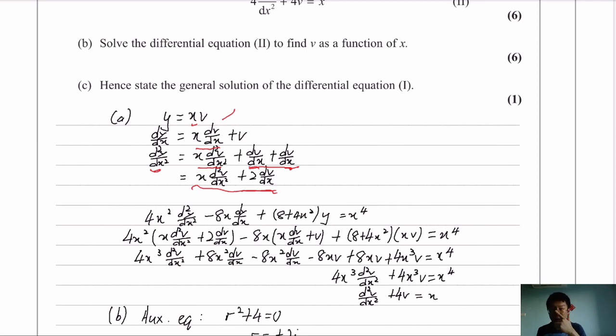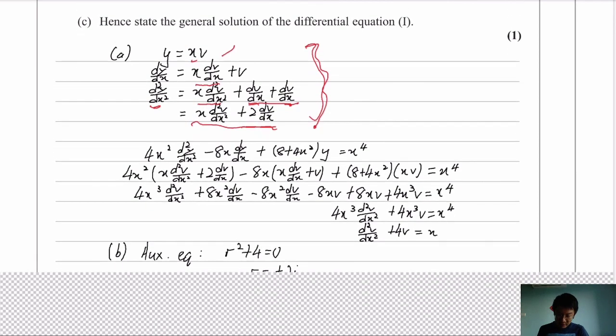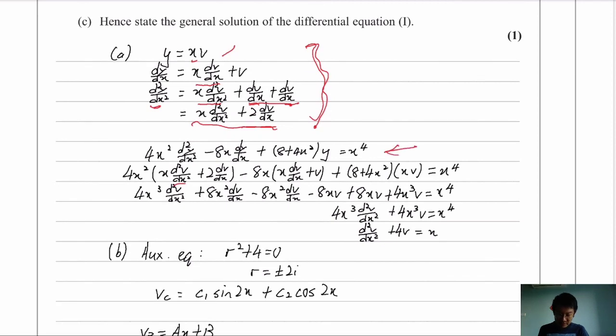Next, we don't really have to do a lot of manipulation on the results we have here. The easiest way is to substitute all these things into the equation. Given that this is the equation, we just sub in the things, making sure we eliminate all the y in order to get v and x only.